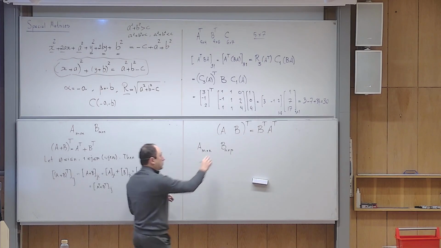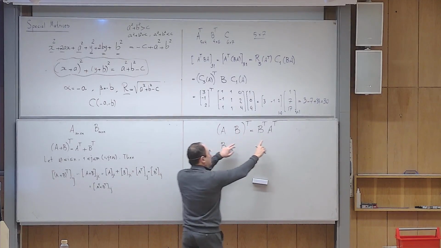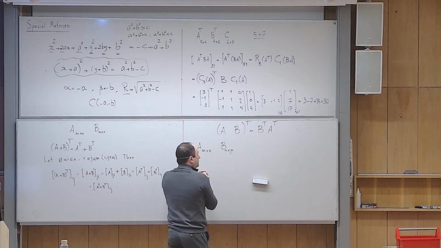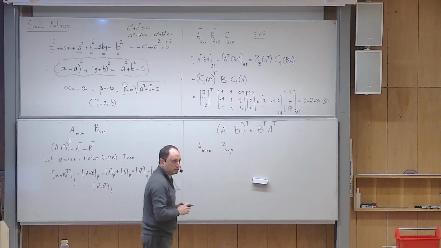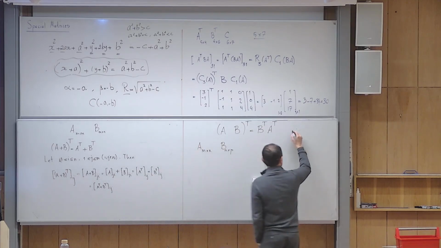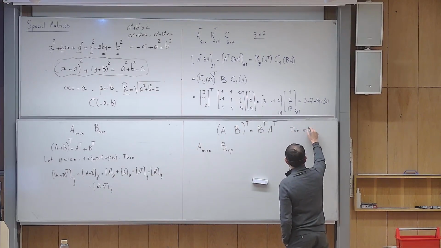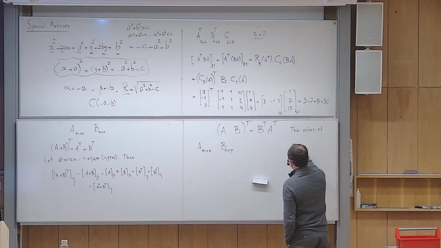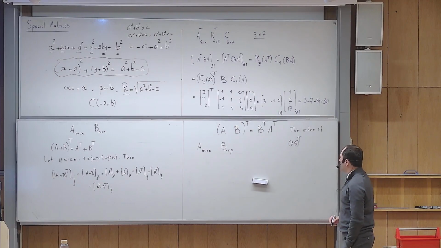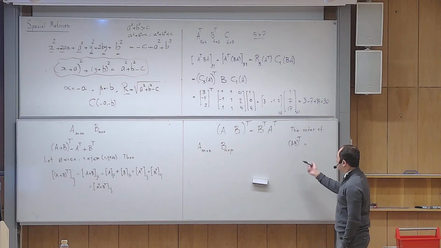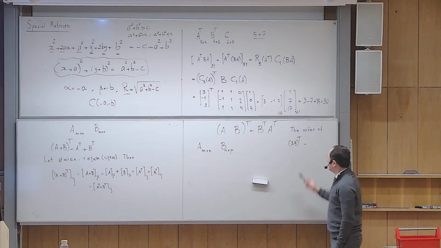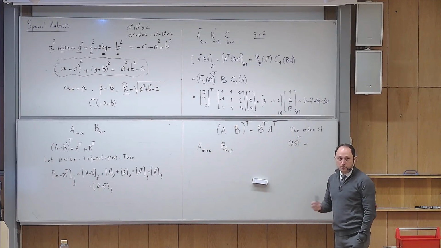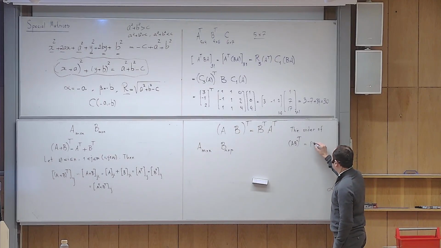The first thing I want to prove is that this matrix is equal to that matrix. I have to confirm that the orders are the same. Do you think the orders are the same? What is the order of (AB) transpose? We can just do it in our head. What is the order of AB? m by p. So what is the order of (AB) transpose? p by m.